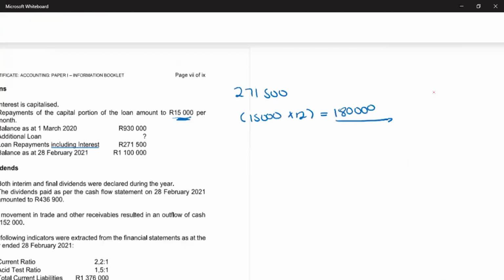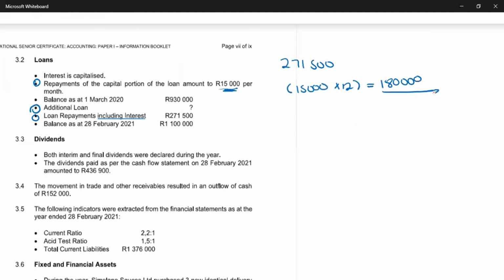Now, proceeds from new loan. There are many ways you can go about calculating this amount. Others use a ledger, but I use this formula whereby I'm going to say, I have my balance at the beginning with regards to my loan, plus interest, plus any additional loan, minus my installments.